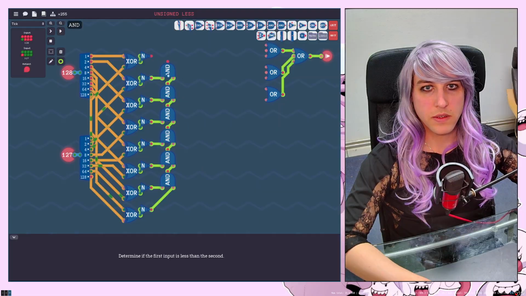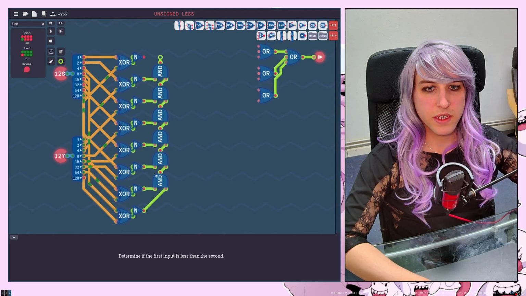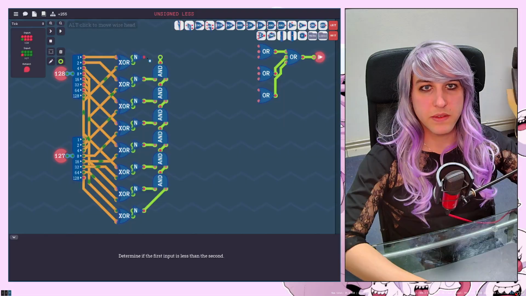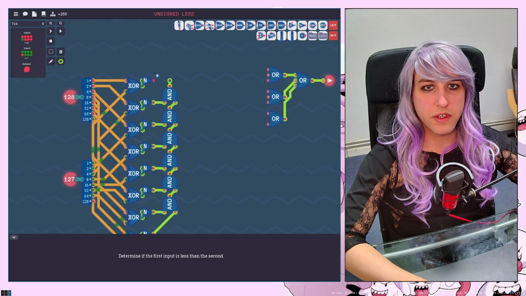So this signal is only ever true when none of the previous cases, when none of the previous bits differ. If these don't differ, this is equality.